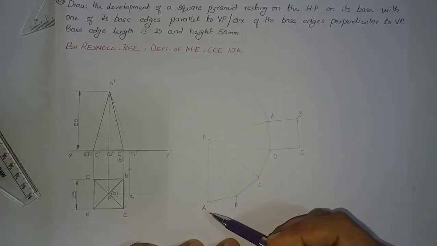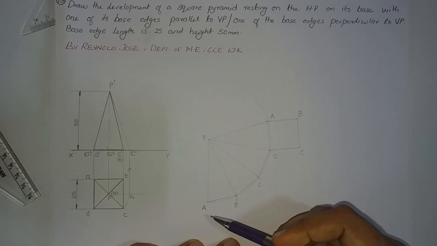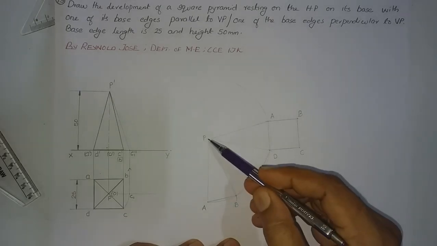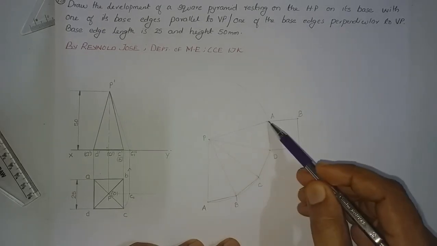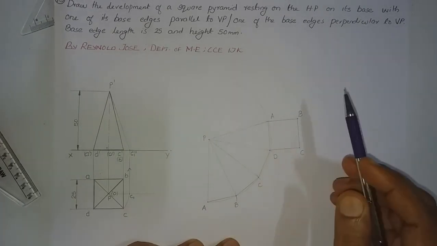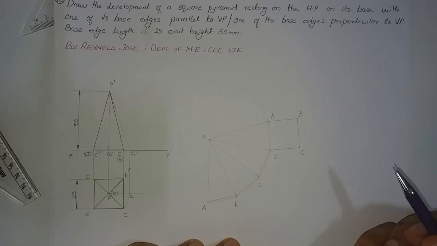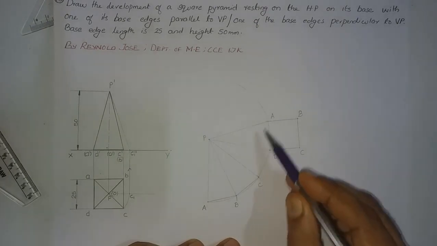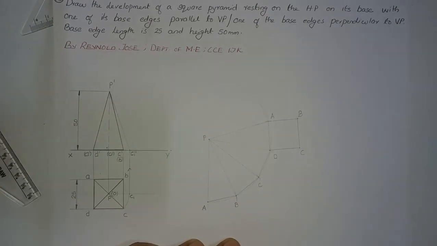So both of these lines will be joining together as a single line. That is why this is PA and this is also PA. And that is why this is point A and this is also point A, because when you are doing a reverse process of the development, these 2 points will be a single point.